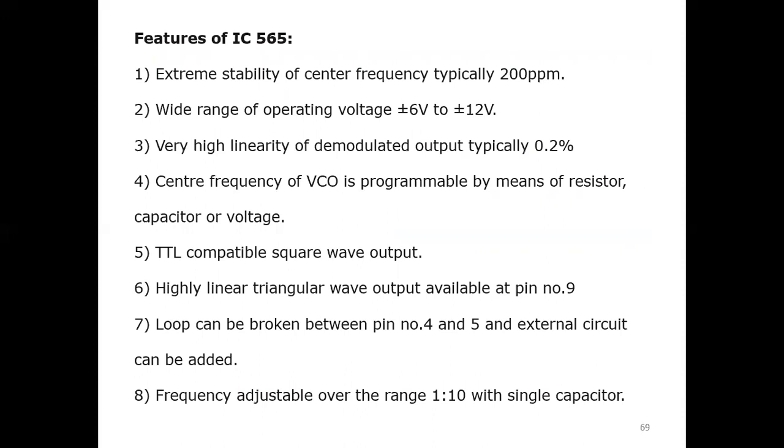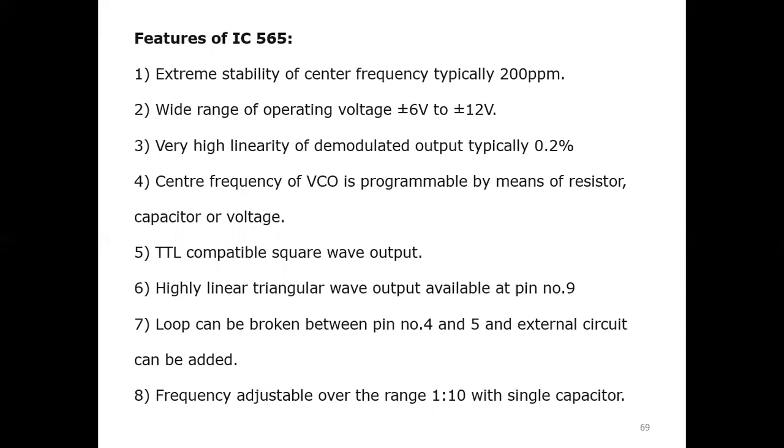Now the features of IC 565. Extreme stability of center frequency, typically 200 ppm. Wide range of operating voltage, plus or minus 6 volt to plus or minus 12 volt. Very high linearity of demodulated output, typically 0.2%.